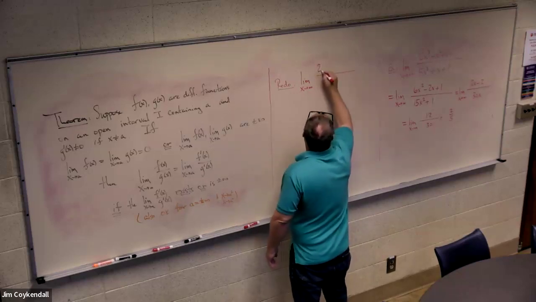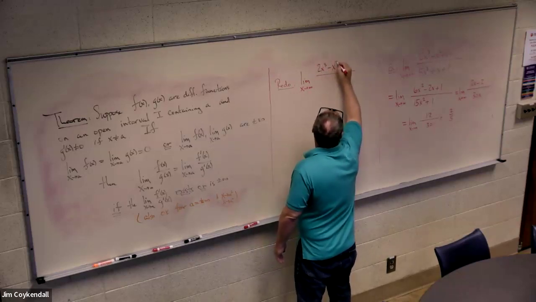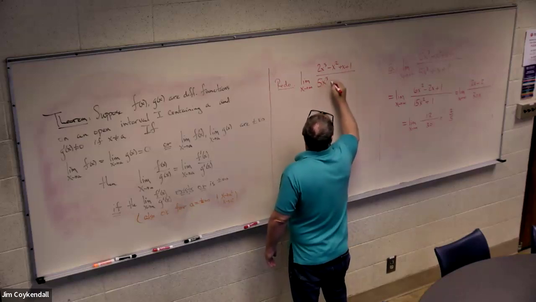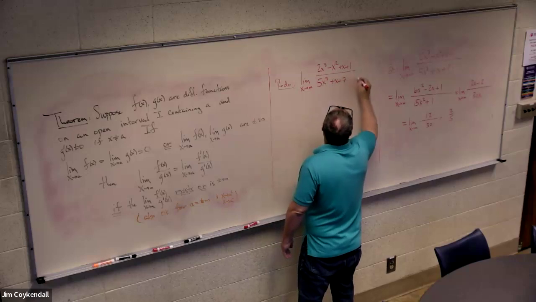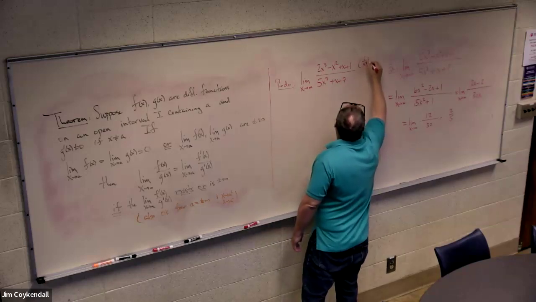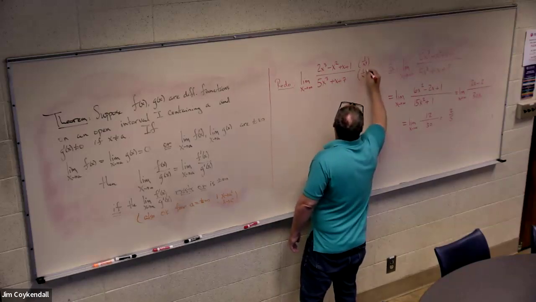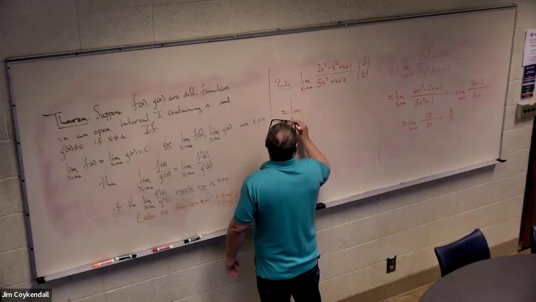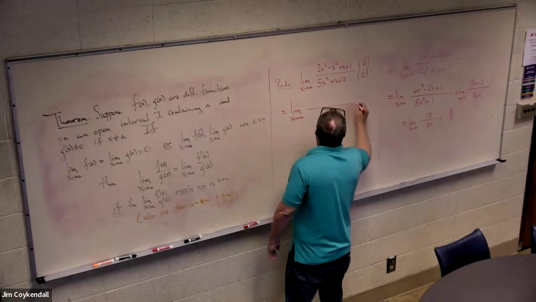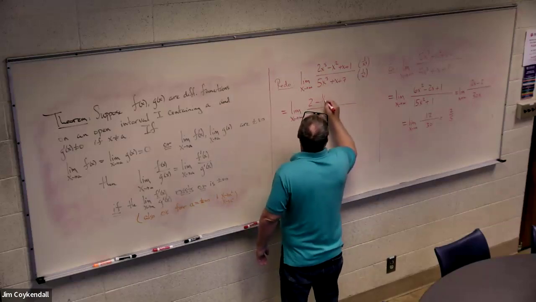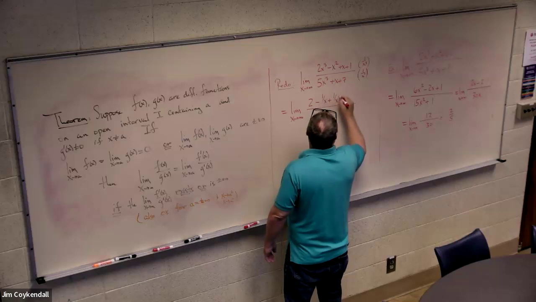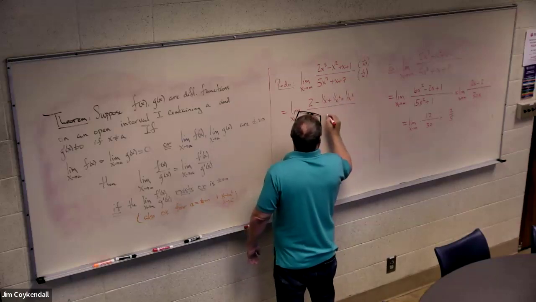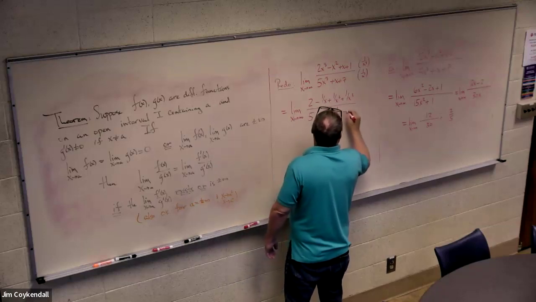5, 1 over x cubed. Wait a minute. X goes to infinity. 2 minus 1 over x plus 1 over x squared plus 1 over x cubed. 5 plus 1 over x squared is 7.